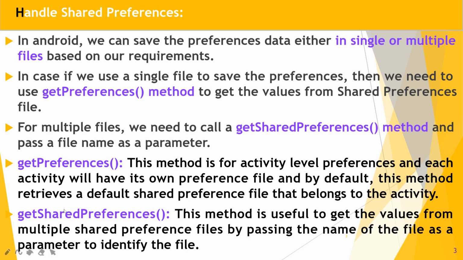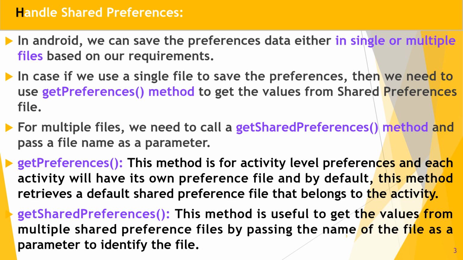The getSharedPreferences method is useful to get the values from multiple shared preference files by passing the name of the file as a parameter to identify the file. So for the getSharedPreferences method, there is one argument that is the name of the file. That is most important. And the second argument is the privacy mode.